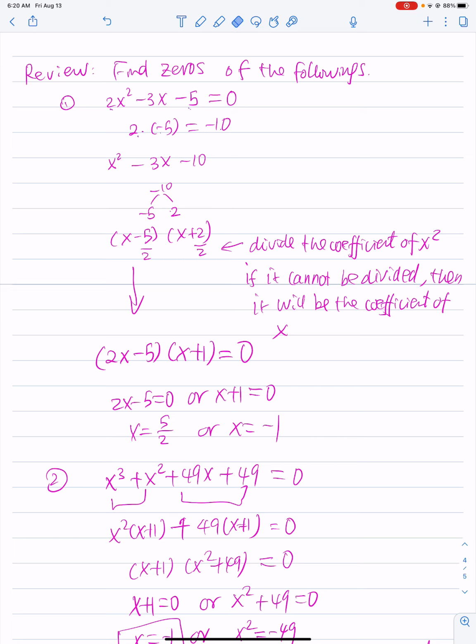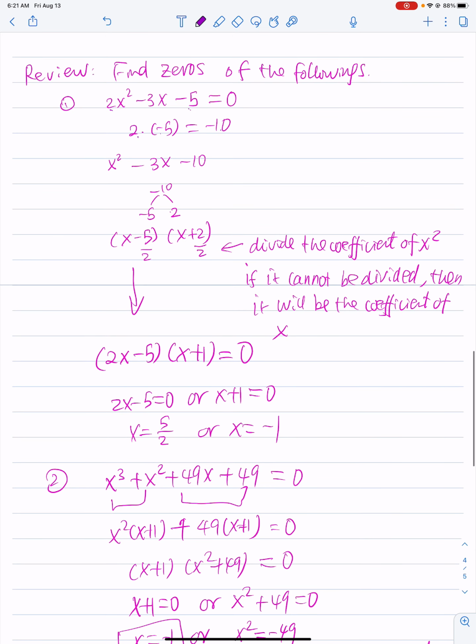Yeah, so then what will you do? You try to factor here. Negative 10 is negative 5 times 2. So x minus 5, x plus 2. Okay, so now what do we need to do?